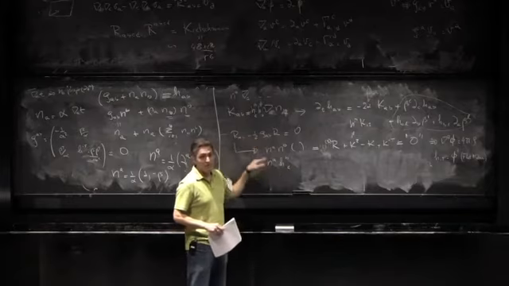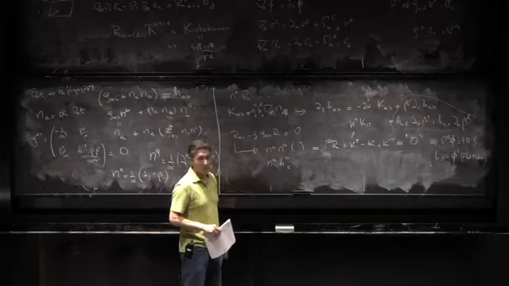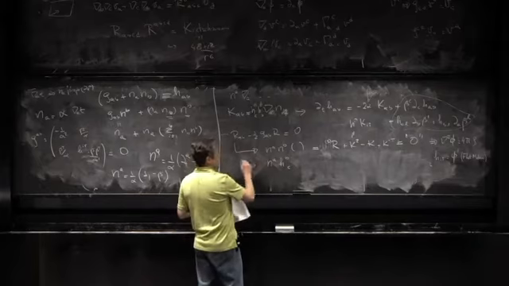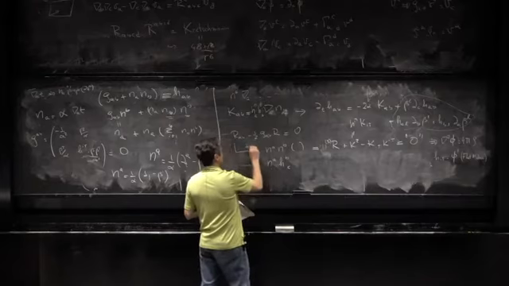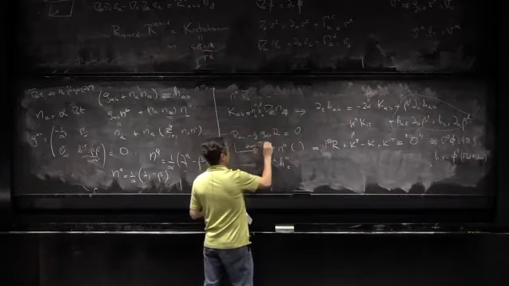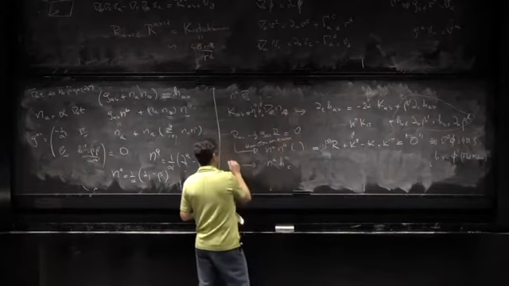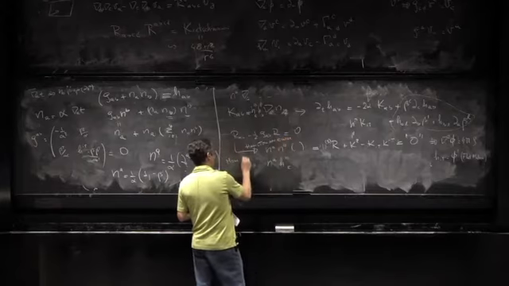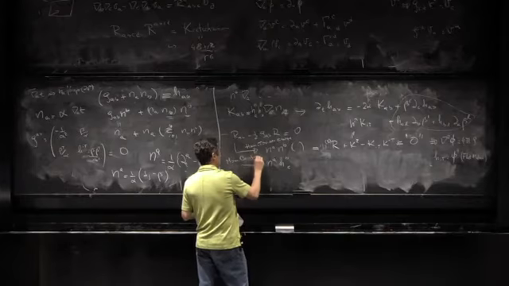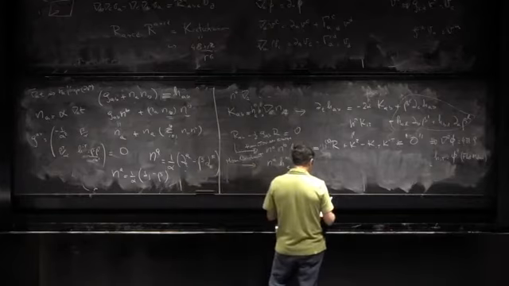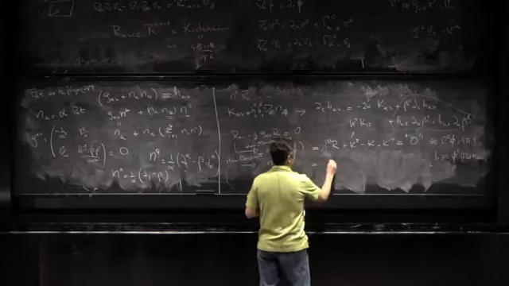So this will give me a free index that is spatial. So this was the Hamiltonian constraint. This is going to be the momentum constraint. Let me just write it a little bit.